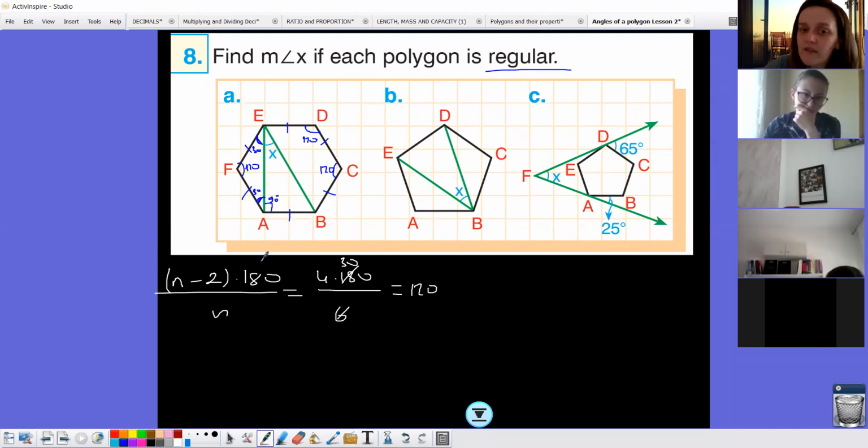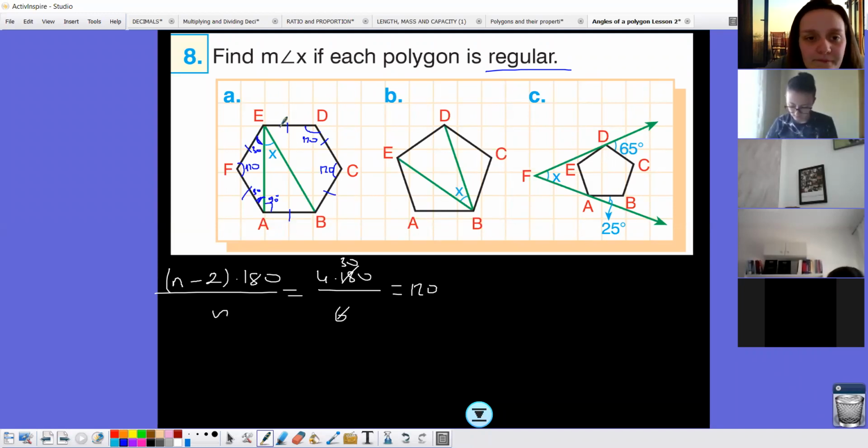Okay. Then what will we do? Teacher, I don't know. You don't know? So here we have another isosceles trapezoid, we call it trapezoid, and we'll have two equal sides.